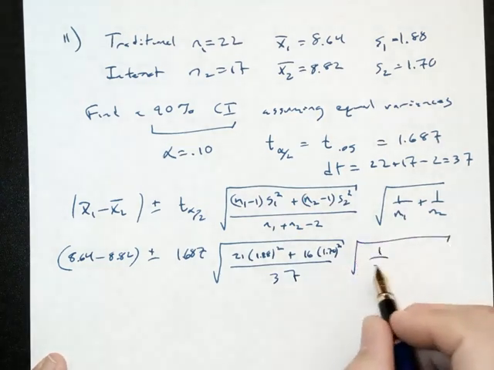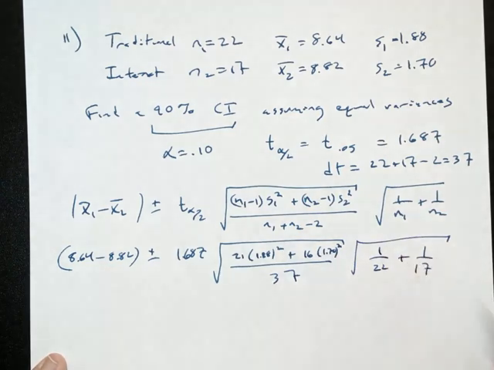Another square root, 1 over 22 plus 1 over 17. Out come the calculators.